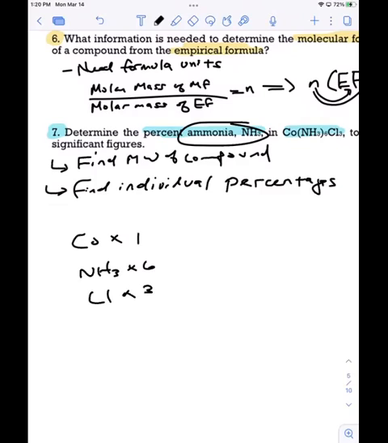Right, and so we're going to take this and multiply it. So the 1 multiplied by the atomic mass of cobalt, which is 58.93 grams per mole. Did I say ammonia? I'm tripping. Cobalt.